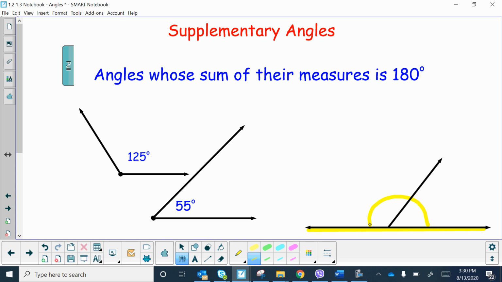If you look at your protractor, it goes from 0 to 180 because that's the flat line. So these two angles right here, those two add up to 180. So they are supplementary. The way you can make an 8 with the letter S is just draw a line like this, and you have an 8, so that helps you remember that the 8 comes from 180, and they add up to 180.